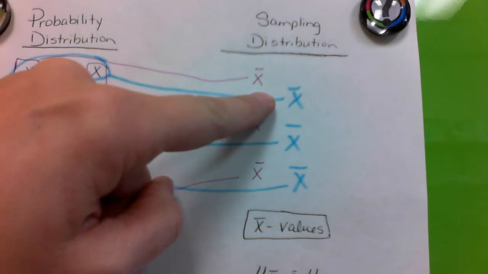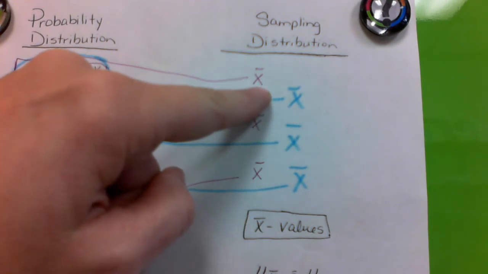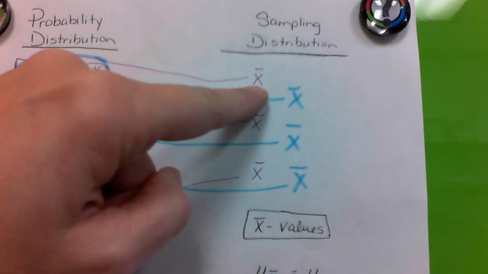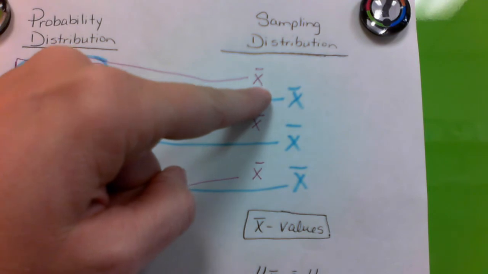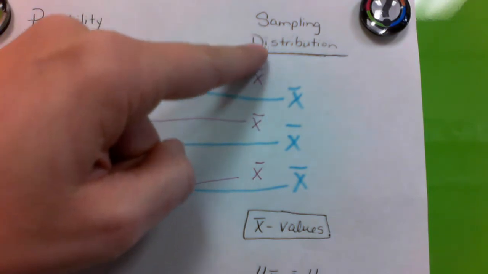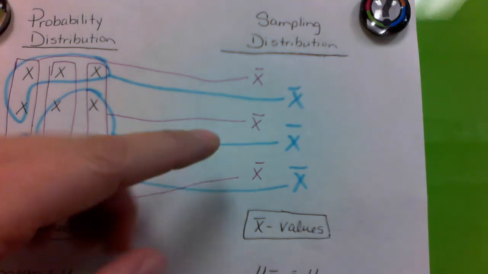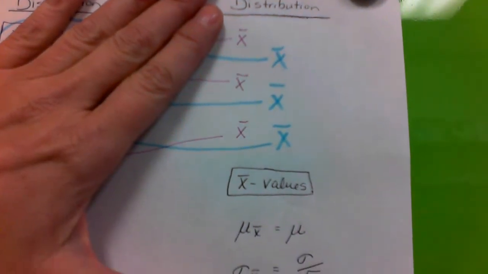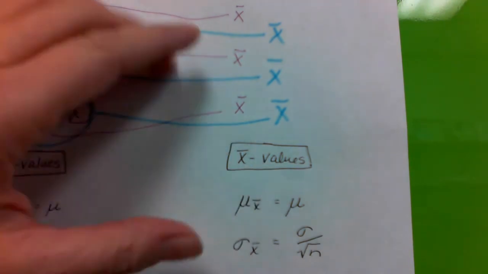These do not refer back to one individual item or person. Each of these numbers refers back to an average of 4 people or 4 items. This is what we call a sampling distribution because these numbers came from a sample. So now instead of having x values, we have x bar values.